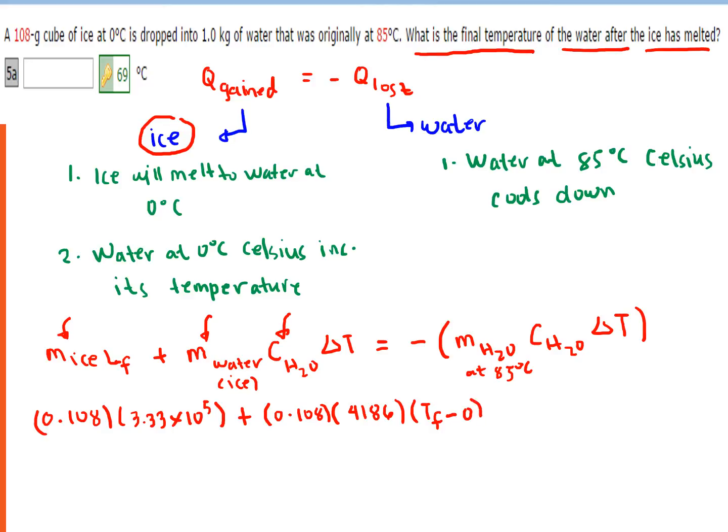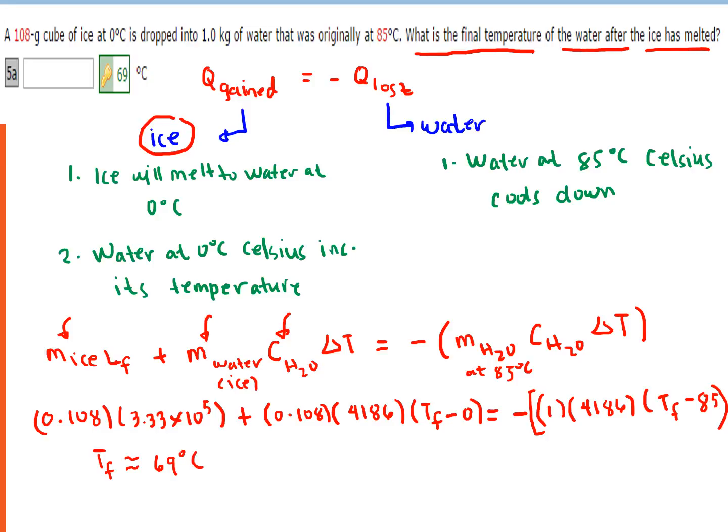Again, this is just the ice melting, is equal to negative the mass of the water at 85 degrees Celsius, which is 1 kilogram, multiplied by the specific heat capacity of water, which is 4186, multiplied by the change in temperature, which is T_f, the final temperature, minus the initial temperature of water, which is 85 degrees Celsius. Manipulating this equation would allow us to solve for T_f, and T_f is approximately equal to 69 degrees Celsius.